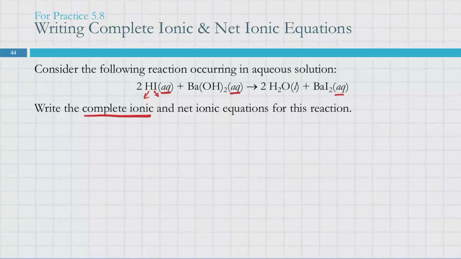So the H and the I go their own way. The barium and the hydroxide and the barium and the iodide all get split out for our complete ionic equation. This 2 in front of our hydroiodic acid is going to distribute. So we've got 2 H plus aqueous plus 2 I minus also aqueous.